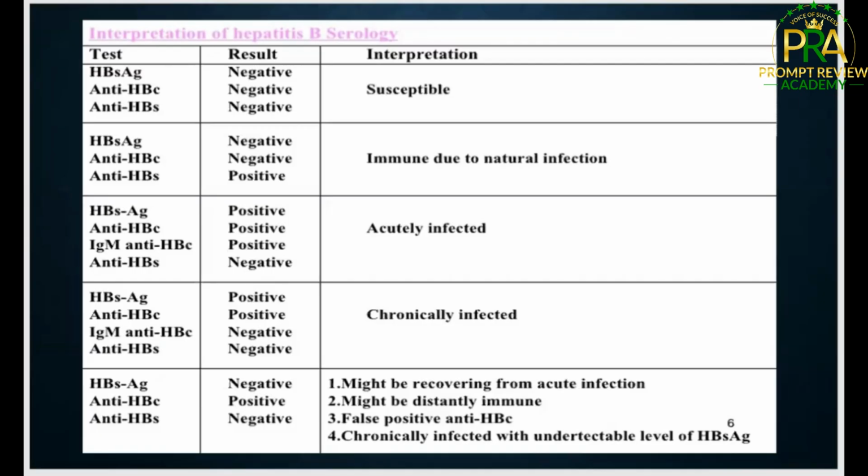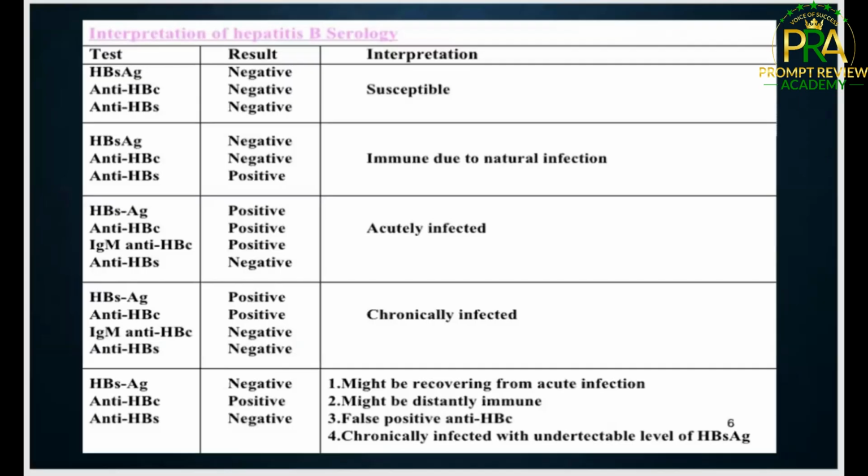All you need to pay attention to, to be able to answer it in the exam, is to look at HBsAg, this one here. If it is negative, just know that the person is not showing symptoms or doesn't have it. Then you also look at IgM.